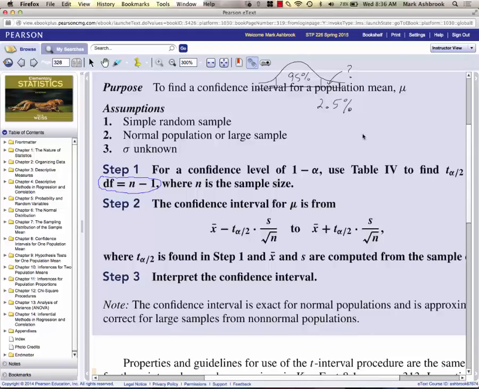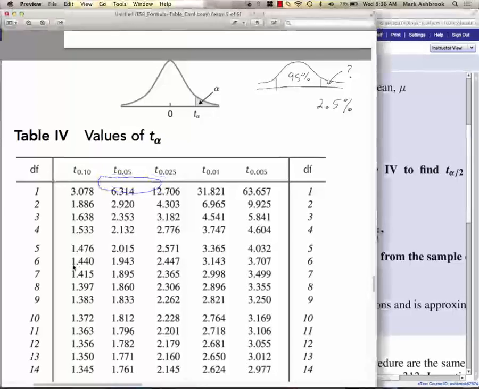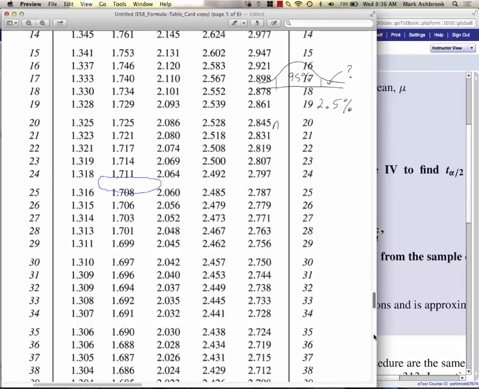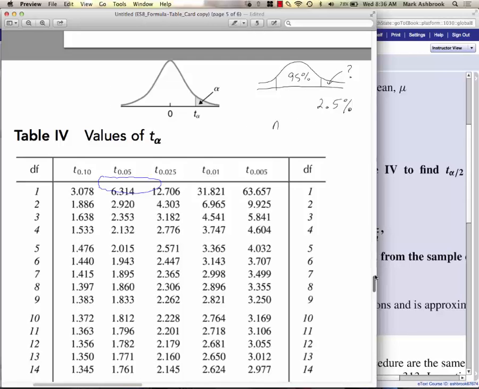All right, so we've got that. What are we doing here? In that example that I showed you, what was n? 36. So how many degrees of freedom? Okay, we got 35. So n equals 36, therefore 35 degrees of freedom. And that's df.